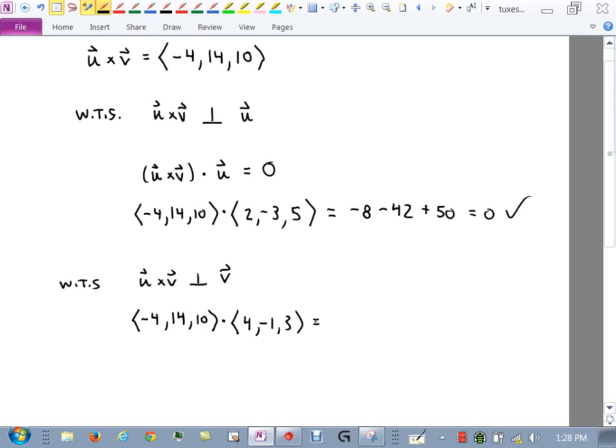And is that 0? Should be. -16 minus 14 plus 30 is 0. So that just verifies the property that I said we have.